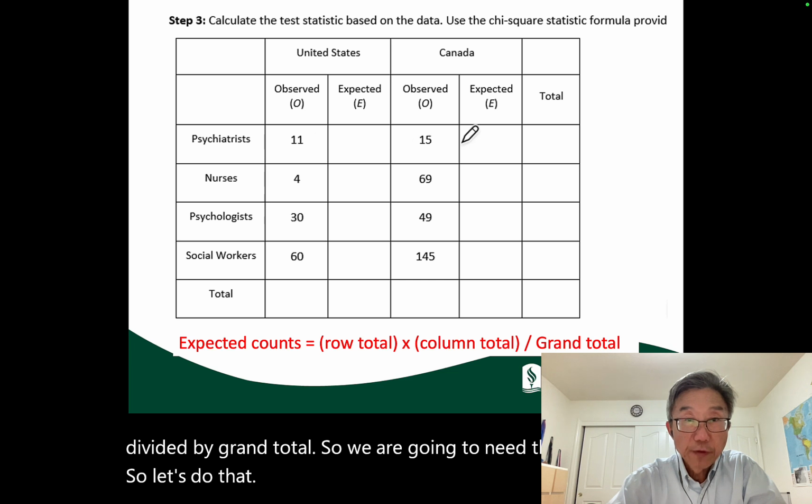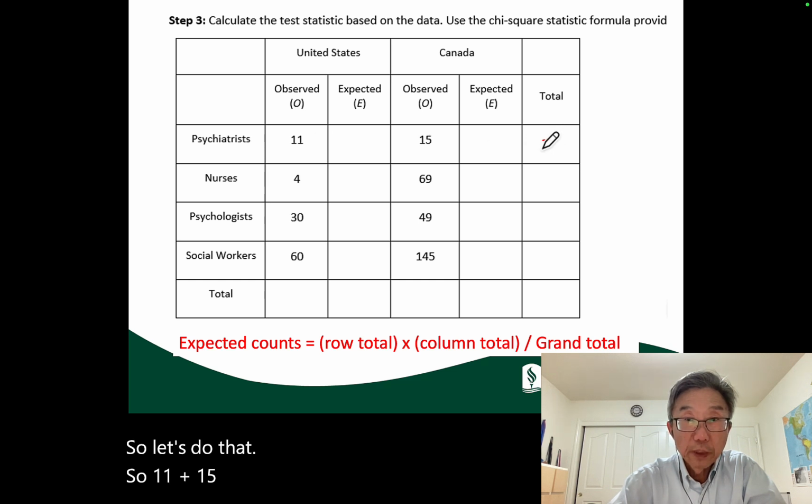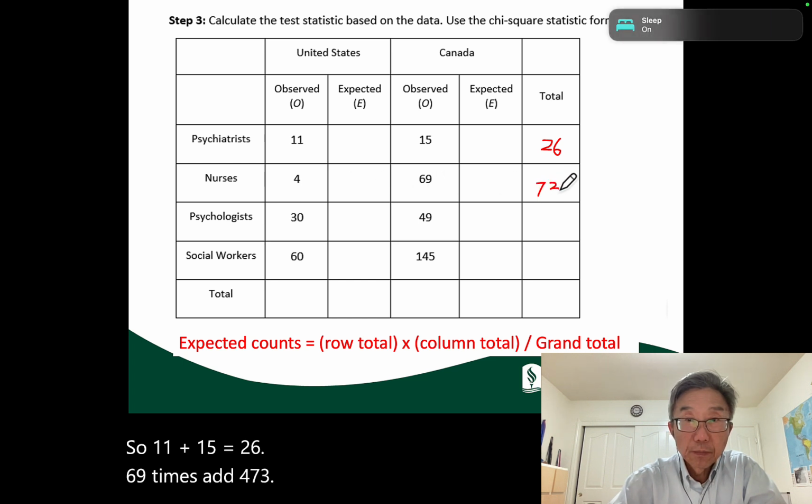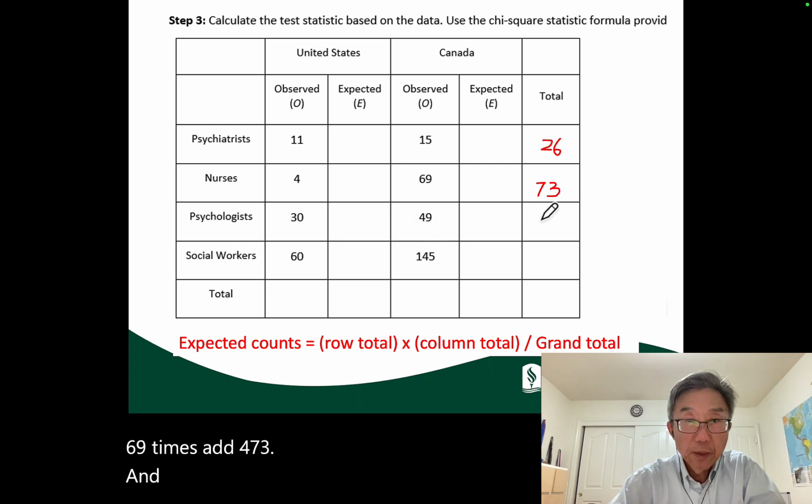So 11 plus 15 equals 26. 69 plus 4, 73. And 30 plus 49, we should have 79. And 145 plus 60, that would be 205, right?